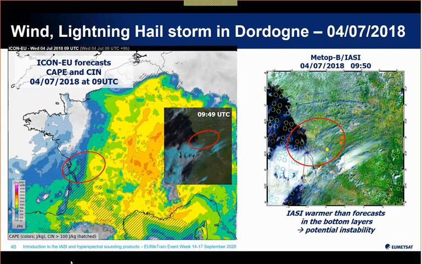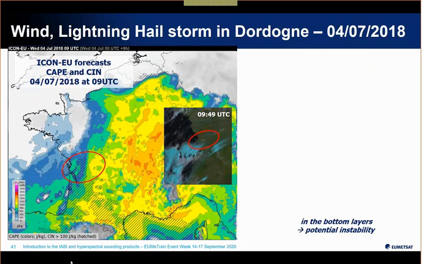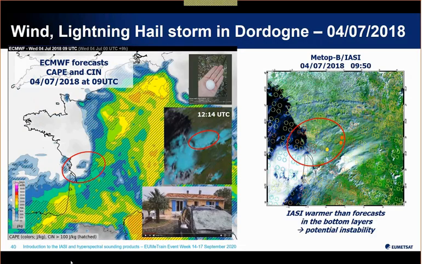So that's again qualitative, and what we are really after is a more systematic use, also to learn about the limitations and the cases where it's not working so well. But interestingly here, there were signs of instabilities in that area where later that day we actually had a number of convective cells that merged together and resulted in these consequences here.